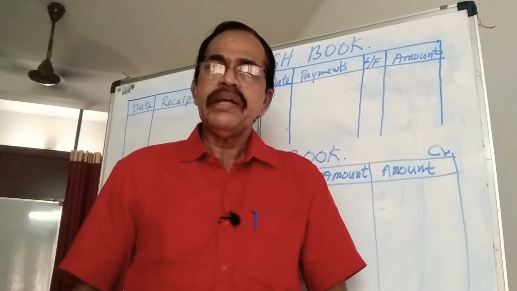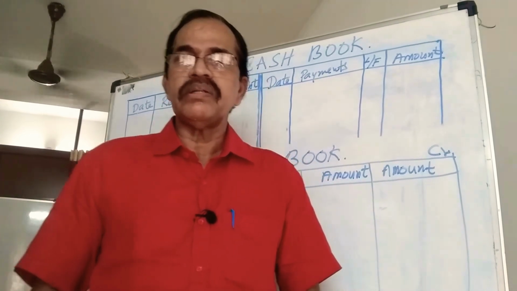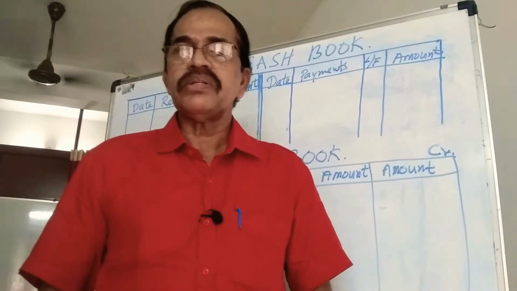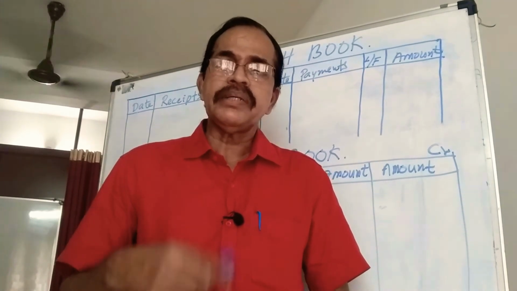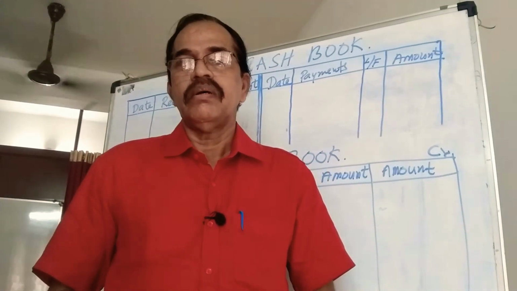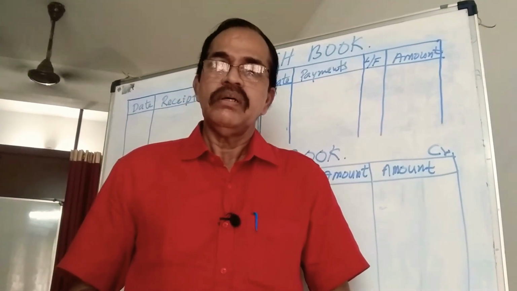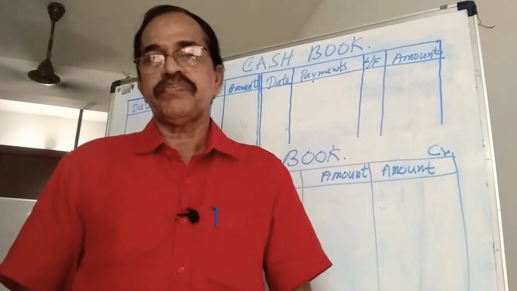Now if we have these 8 subsidiary books, we need 8 accountants to manage them. After the subsidiary books, we again have 3 ledgers: the debtors ledger, the creditors ledger, and then the general ledger.